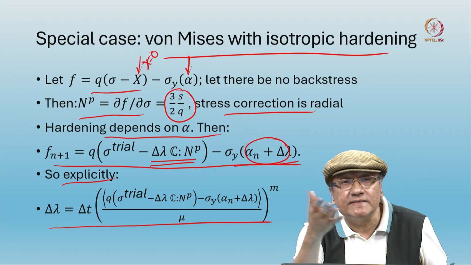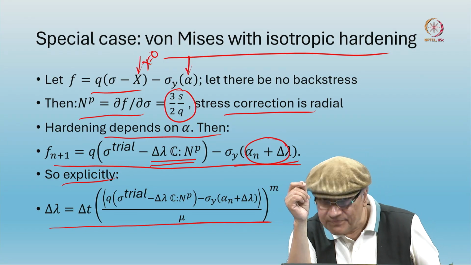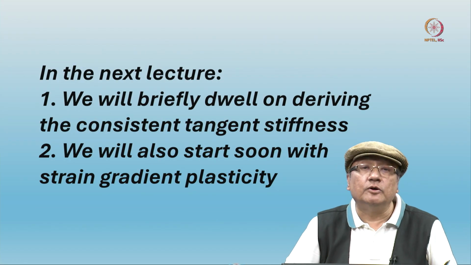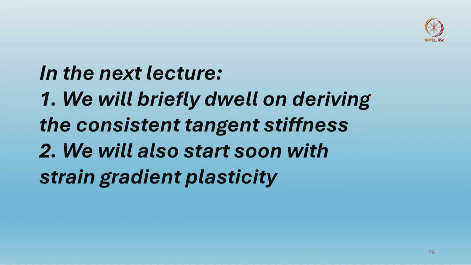It is basically the consistent material tangent and consistent tangent stiffness that we have already done for viscoplasticity and other problems, for the rate independent case also, but for this thermoviscoplasticity we have not derived the material consistent tangent, and from there the tangent stiffness.